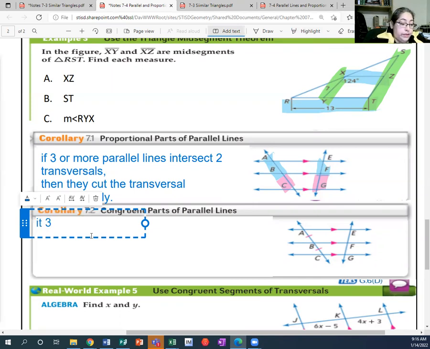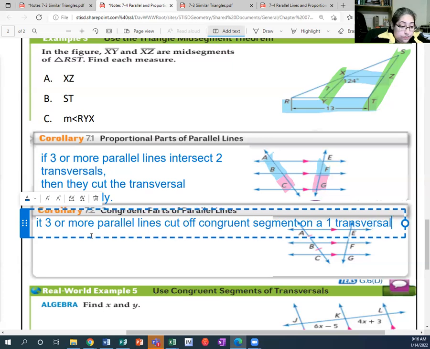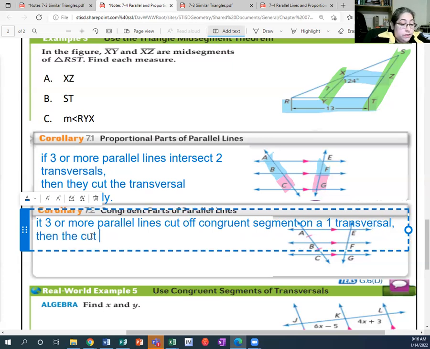One last corollary and then a new example. The second corollary that we have is if parallel lines cut off congruent segments on a single transversal, then they're going to cut off congruent segments on every transversal.